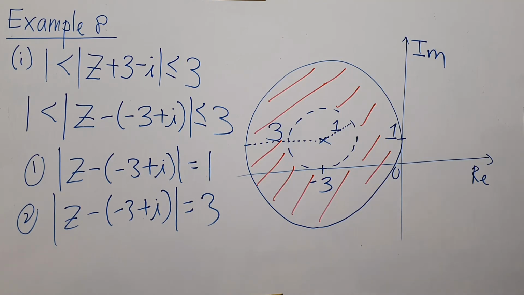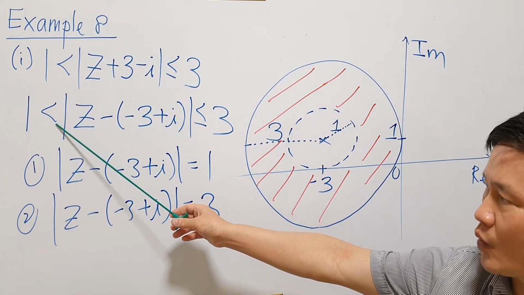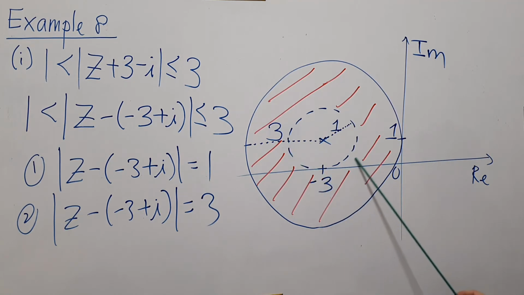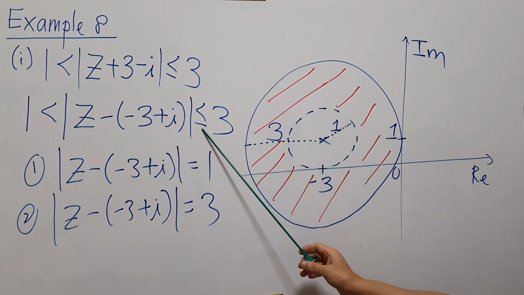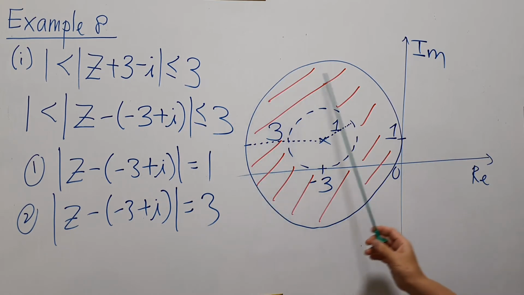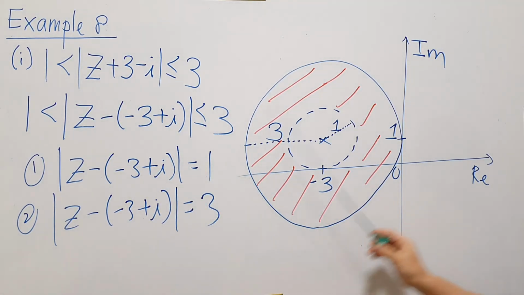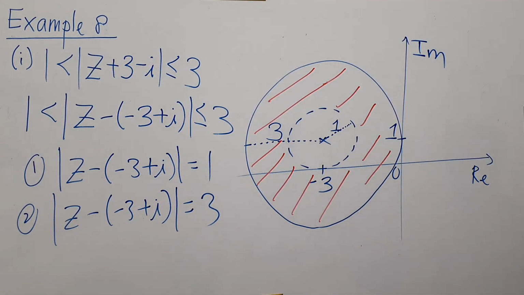I want to highlight that when this is a strict inequality, I've drawn the inner circle as a dotted line. And when this is lesser than or equals to, the outer circle is a solid circle. So in drawing this locus, take note of these points: dotted and solid lines because of this, and you have to do the shading.